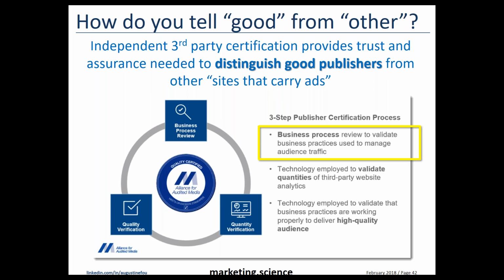And even though it does use technology to do verification and validation, the most important part of the quality certification process is a business process review, which means we ask the publishers about their business practices. Do they buy traffic? Do they do audience extension? Do they do all these other things that would expose them to higher risk of ad fraud?